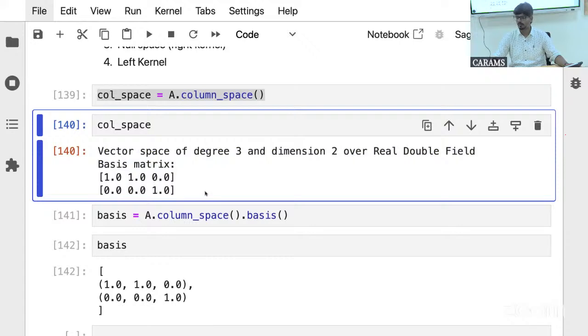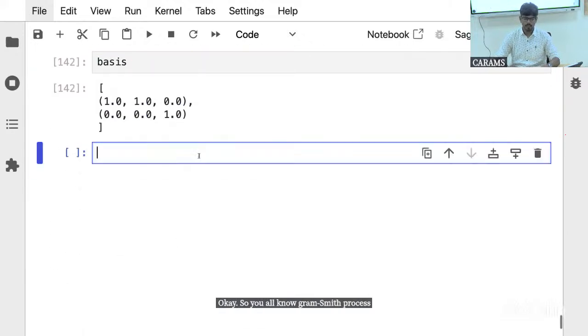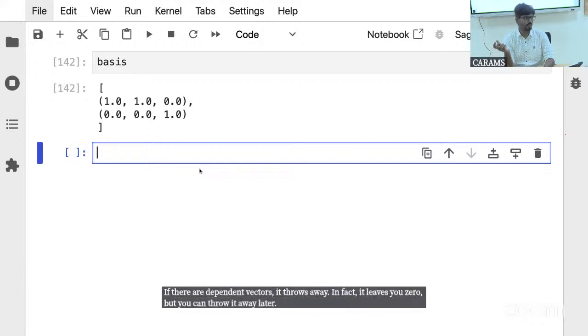Okay. So you all know the Gram-Schmidt process. What is it? It will take a set of vectors and convert them into an orthonormal basis. If there are dependent vectors, it throws them away; in fact, it leaves you zero, but you can throw it away later. That's what the Gram-Schmidt process does.